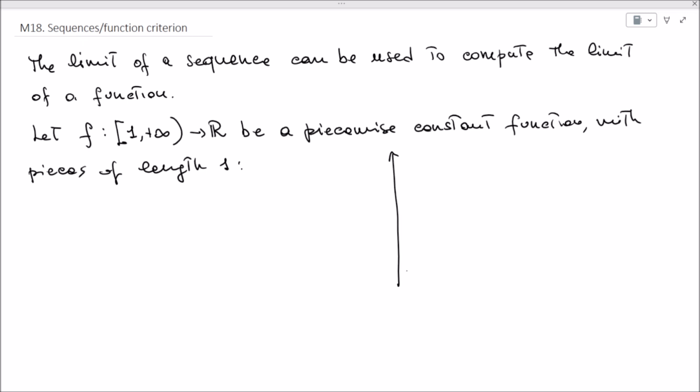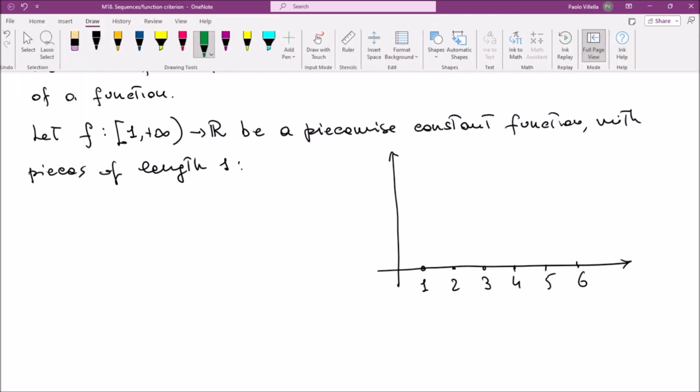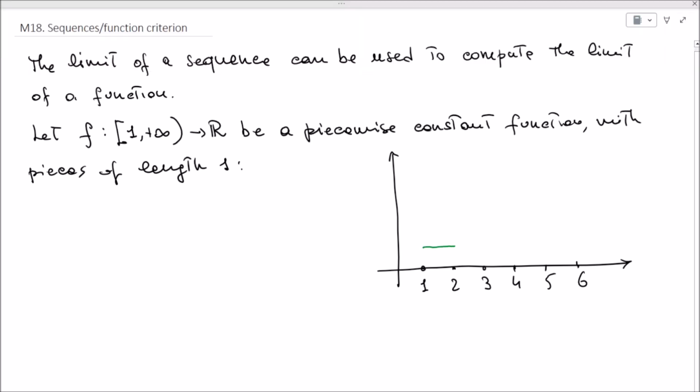So this function is defined starting at 1, and in each interval we'll take constant values. For example, in the interval [1, 2) this will be the function, a constant value in this interval, and then in the interval [2, 3) we'll take this value, then in [3, 4) we'll take another value, [4, 5) we'll take another value, and so on and so forth.